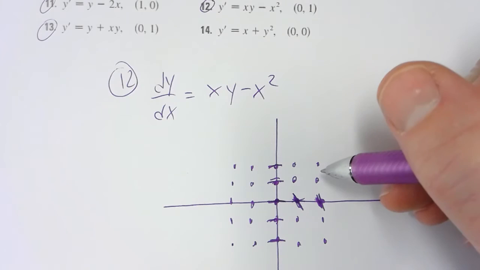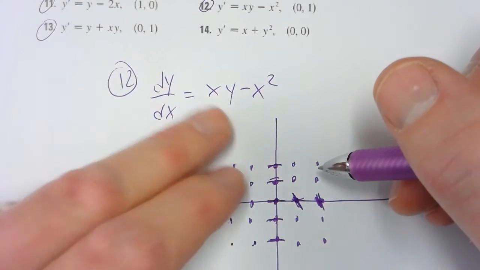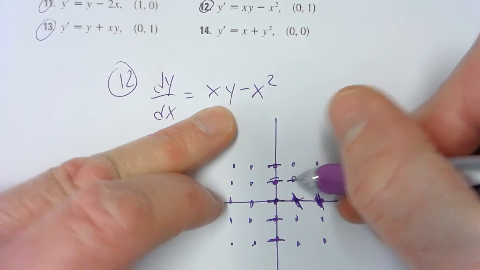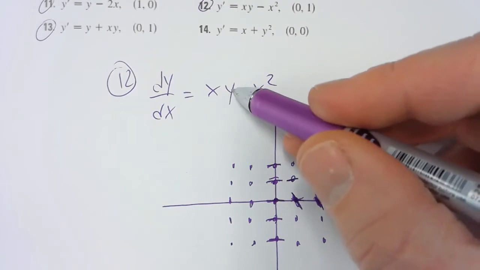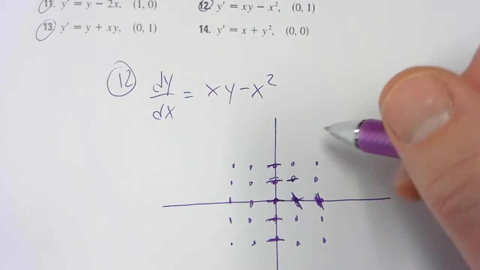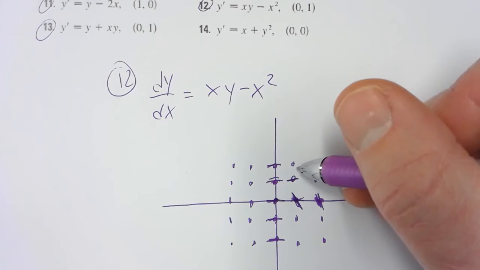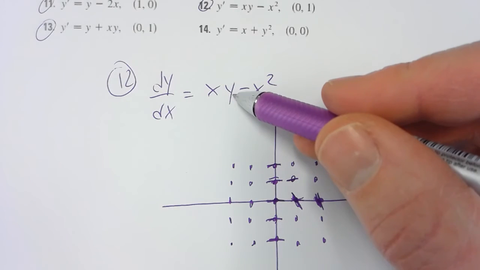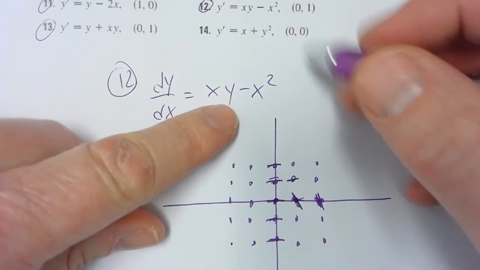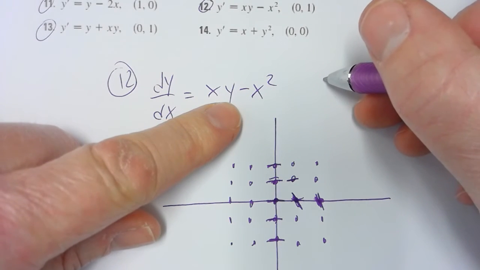And then 1, 1. 1, 1 would be 1 minus 1. That's going to be 0, isn't it? So 1, 1 should be 0, because that would be 1 and then 1. Okay, 1, 2.